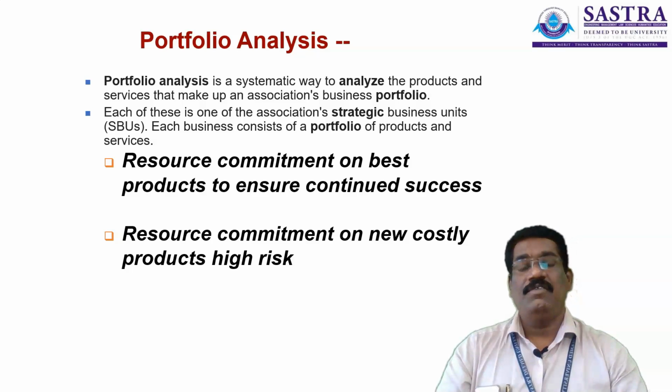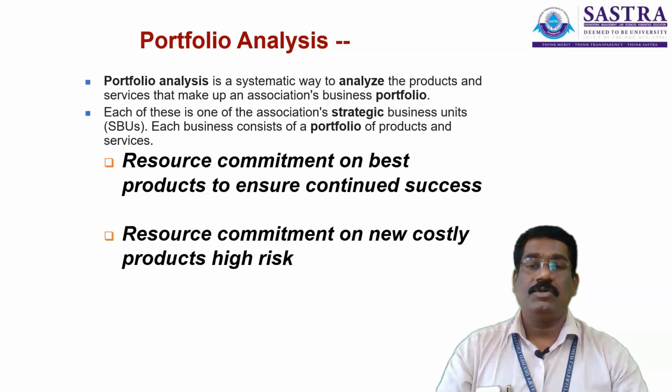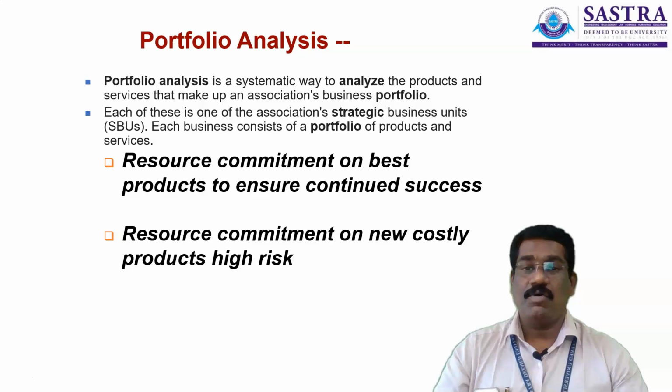For example, if a company like Coca-Cola wants to analyze its product portfolio, it has many product categories. We can talk about Coca-Cola carbonated drinks, Sprite, Slice, and other carbonated drinks such as Diet Coke.